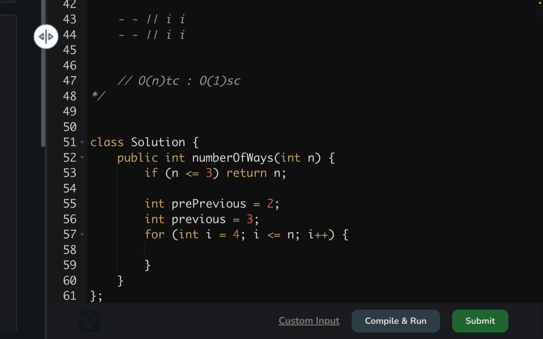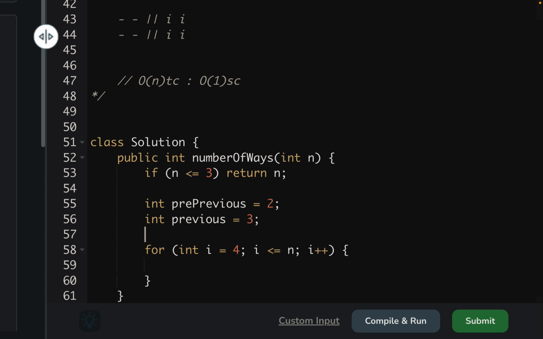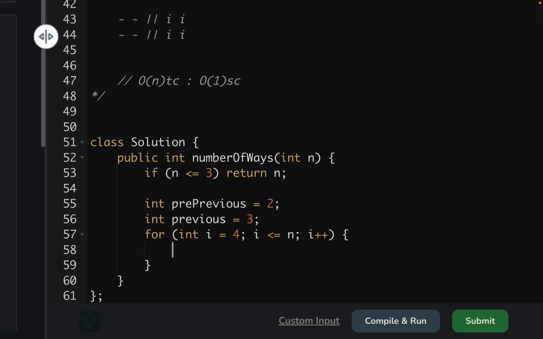Since we are having this situation over here, also store the result. So what I'll do is int x, a temporary variable, it will store previous plus previous, and we will then update each one.